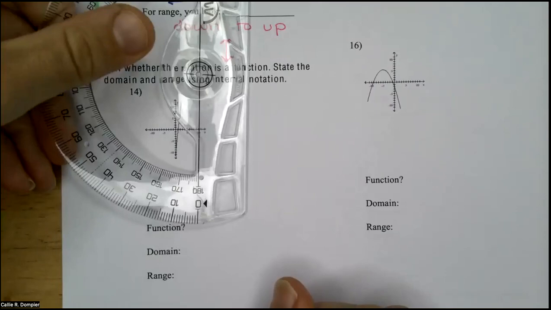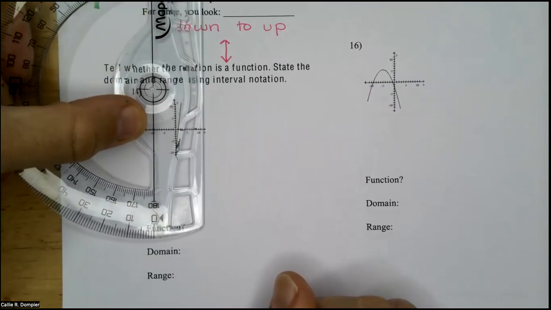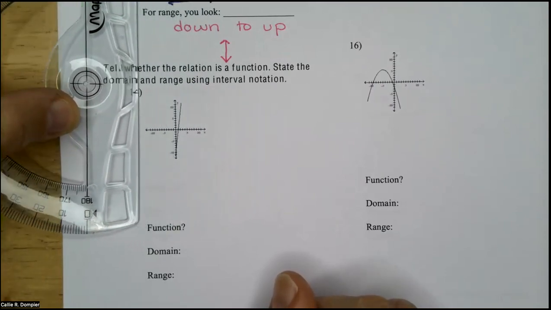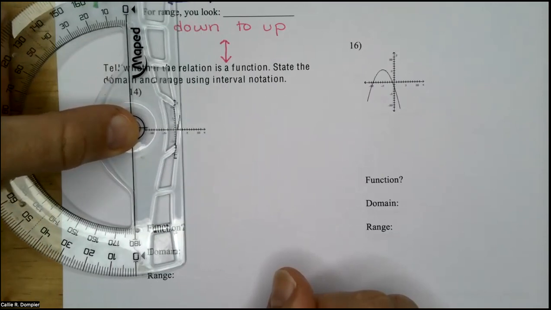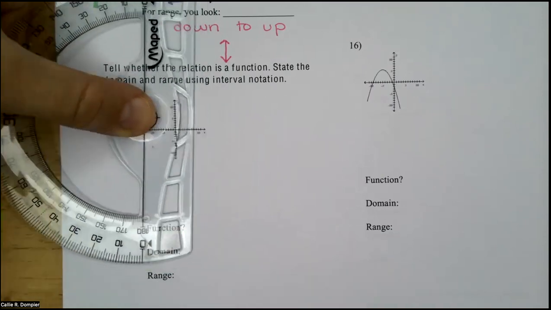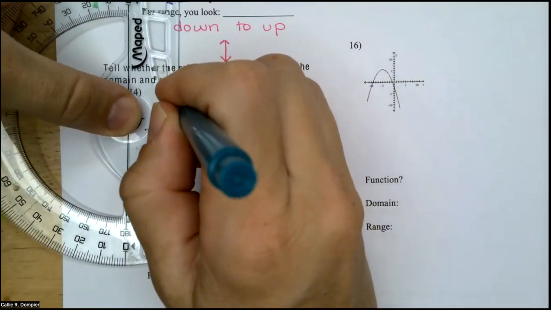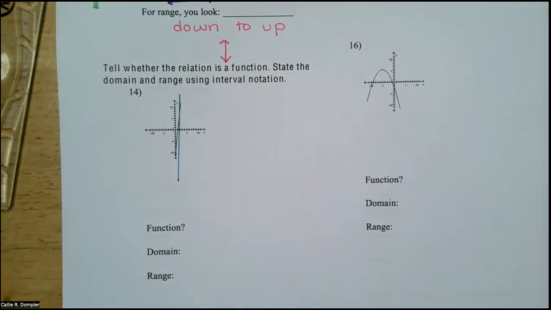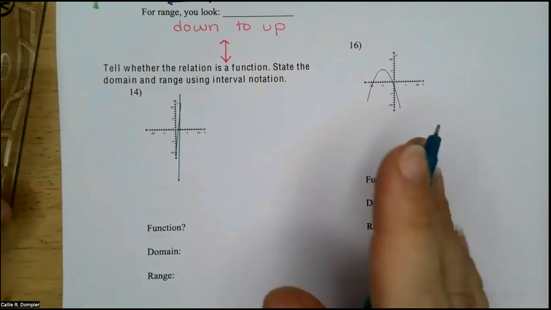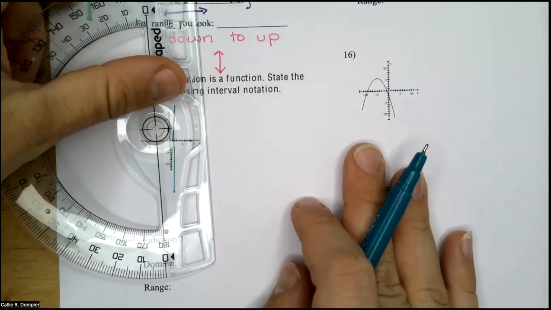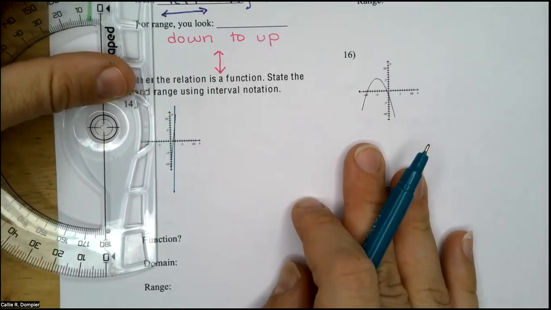So I take a vertical line like this ruler and I put it across the graph of the relation. If there's anywhere I can draw a vertical line and it intersects that function in more than one place, it's not a function. But as long as it only touches the graph in one place, it's a function.